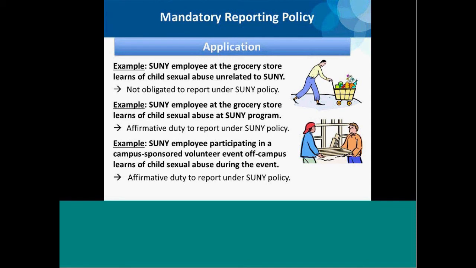Example number 3. A SUNY employee is participating in a campus-sponsored volunteer event that is held off campus. The employee learns that child sexual abuse occurred during this event. The employee has an affirmative duty to report under the SUNY policy.